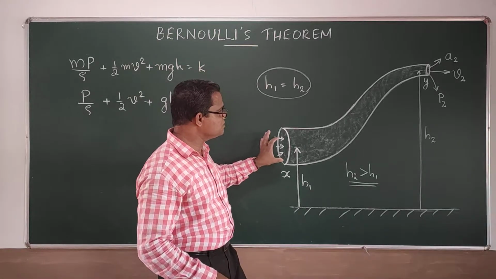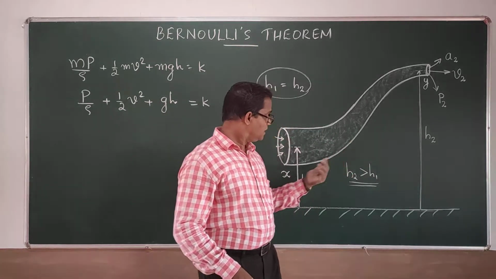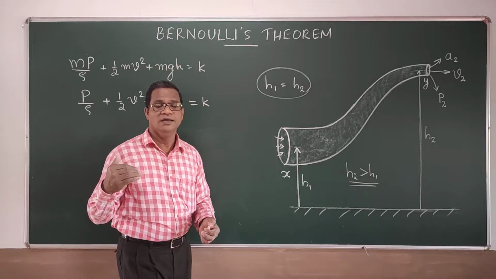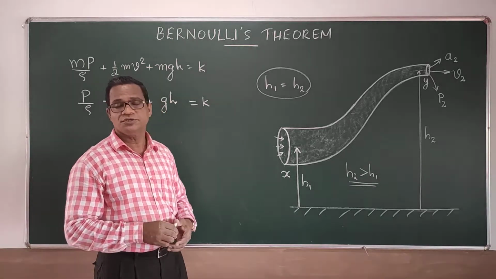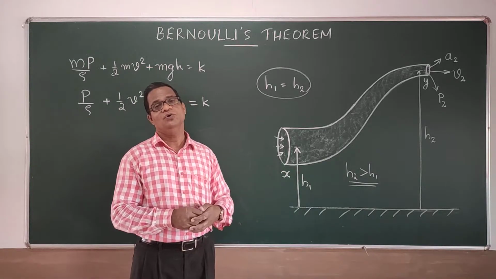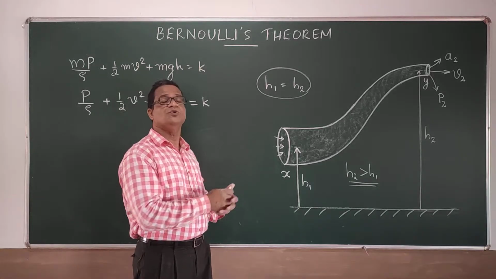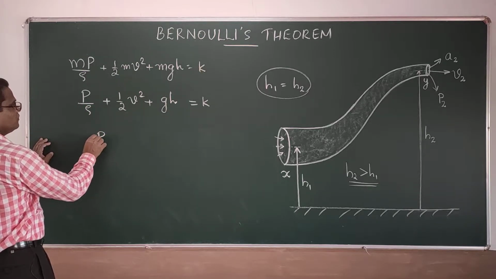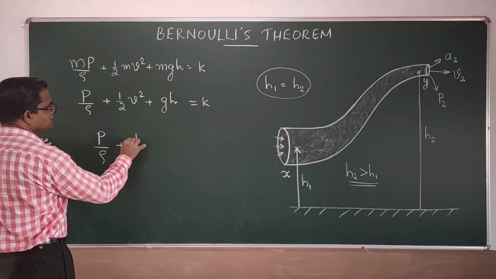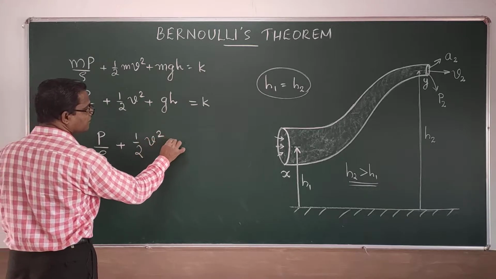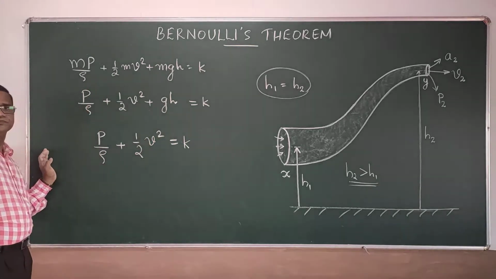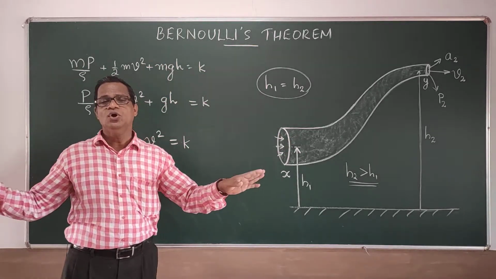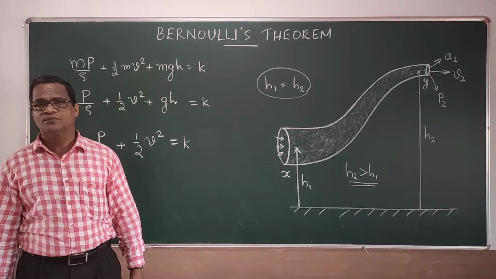That means the height difference is not there, so potential energy is not contributing to the flow of the liquid. There is no change in potential energy. So in that case, the total energy condition will be P by rho plus half V square remains a constant, because the potential energy part is not there.